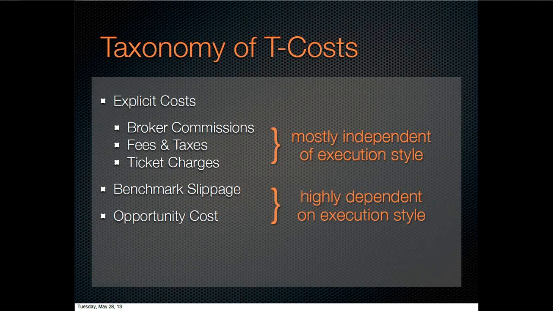Benchmark slippage is really where a lot of the action and complexity comes in when it comes to transaction cost modeling. So that's really going to be where we spend most of the time in the discussion today. Benchmark slippage, defined in a quick way, is what happens when you move from your decision price. My decision price is $10.20, let's say, and I've now decided to buy the stock.